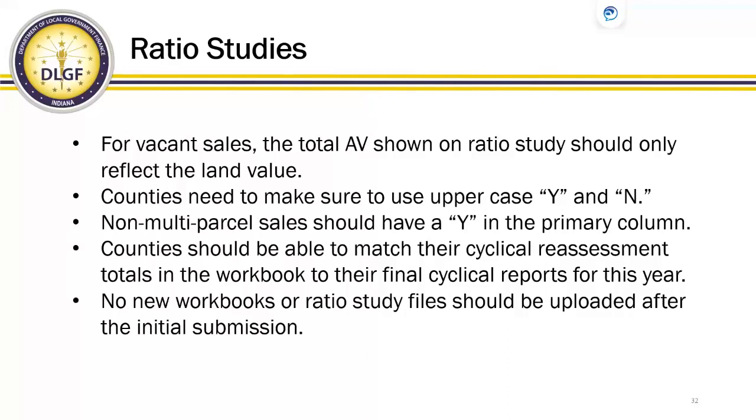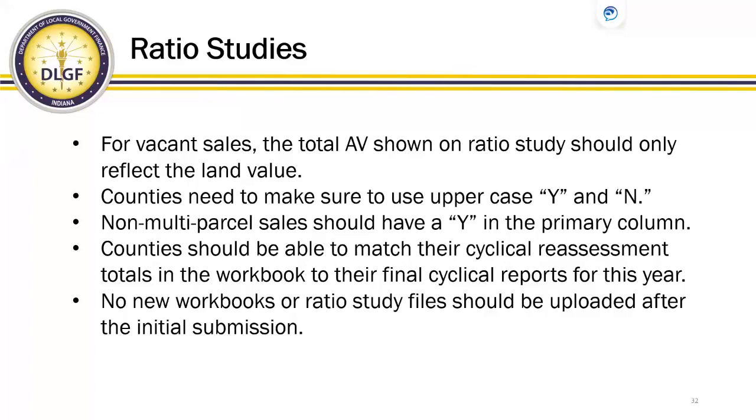You should be able to match your cyclical reassessment totals in your workbook with the cyclical reports. And by that, I mean, we should be seeing similar amounts that were used for phase 1 of the cyclical reassessment. We just completed phase 1 of the 4-year cyclical reassessment, so those should be able to be matched up.